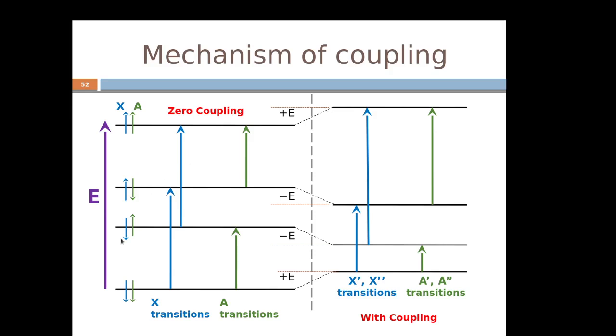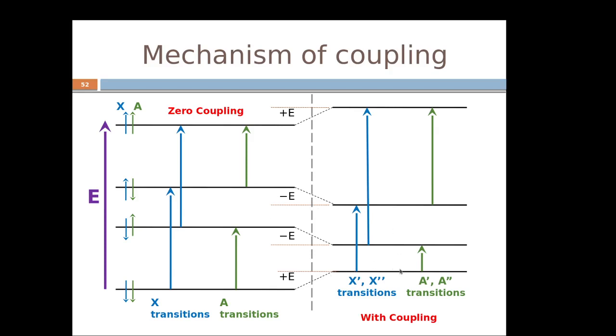Whereas these two nuclear spin configurations, where the nuclear spin states are anti-parallel to each other, will have their energies lowered to some extent. Here the energy is raised by a factor of plus C, and again plus C here. Here the energy of the nuclear spin states is lowered by a factor of minus C and minus C here, and the magnitudes of all these plus C and minus C should be exactly equal.